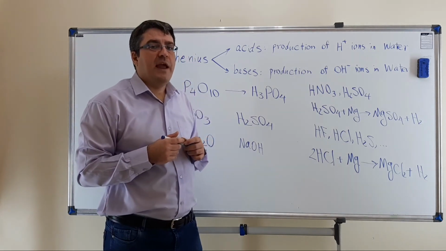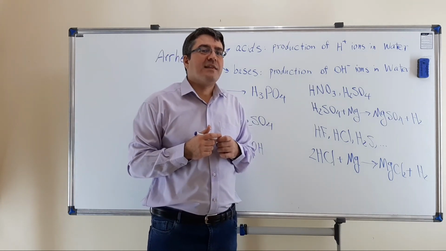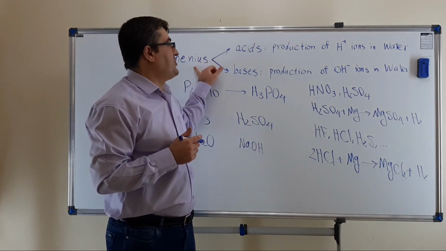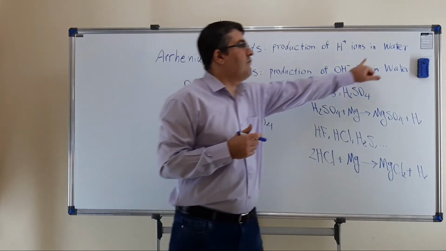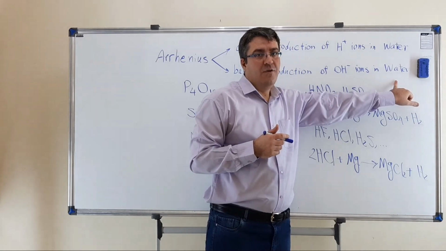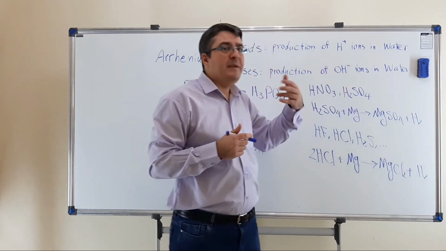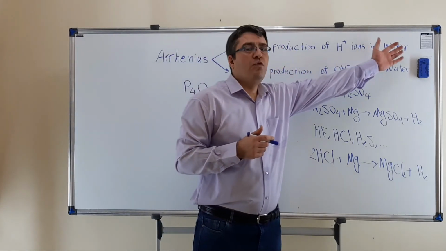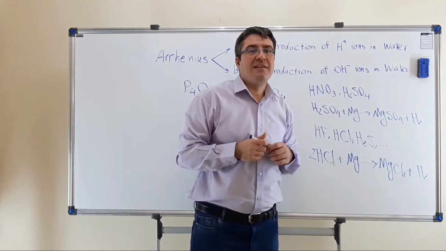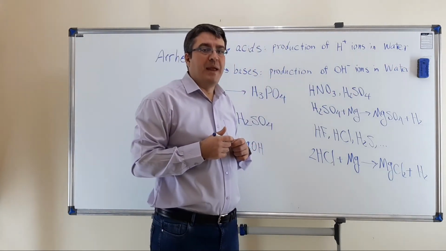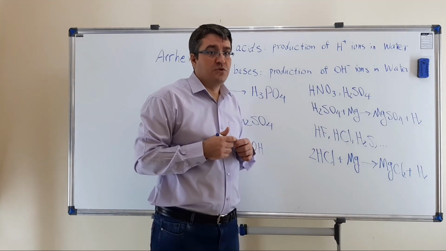The main limitation of the Arrhenius definition is the fact that it considers acids and bases in water, or in fact, it limits acids and bases to water or aqueous solutions. We will see that we can have acids and bases and their reactions in other situations too.